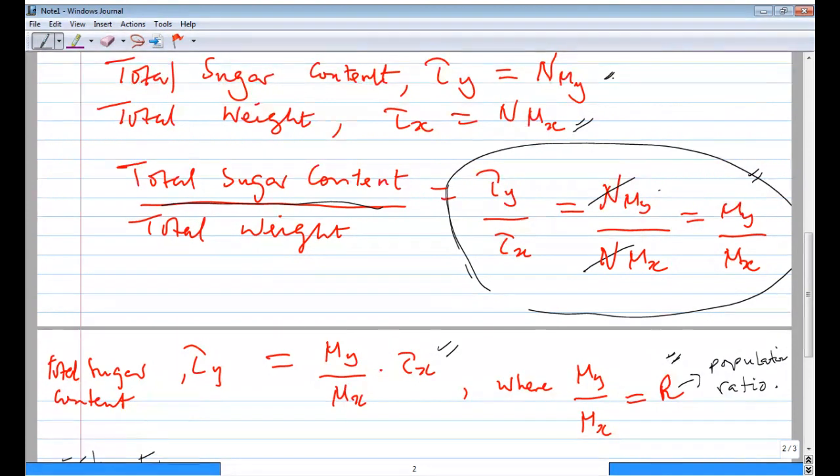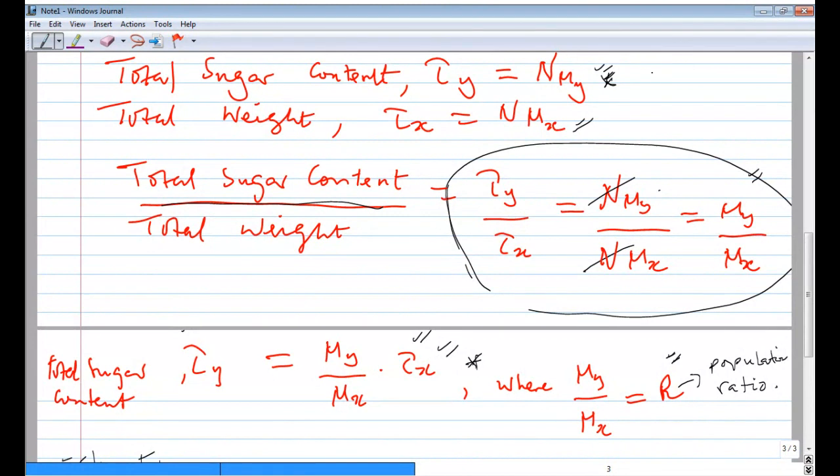So in other words, there are two formulas that you can use to calculate the total sugar content. In this regard, it's when you have got the weight. You see that you have got the total weight there, but here you don't have a weight. So if you have got the weight, you are supposed to use this one.